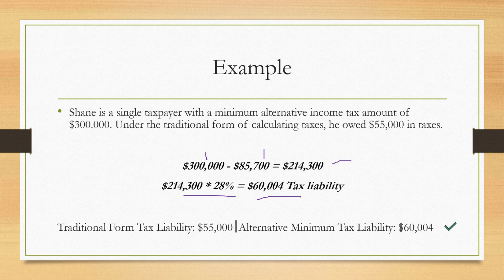In this case, we are assuming that on the traditional form of calculating taxes, he owed $55,000. Then in the alternative minimum tax calculation, he owes $60,004. This means that he will pay the higher of the two, which is $60,004.